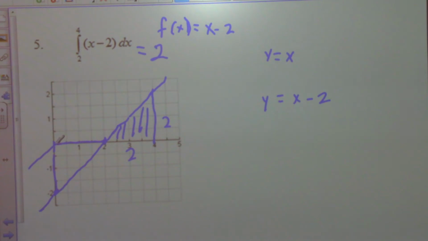So it's this function right here, and we just take it and translate it down 2 units. Okay, that makes sense. That's all this is. Good exploratory questions going on here. And then the limits of integration in this case are going from 2 to 4. Okay?